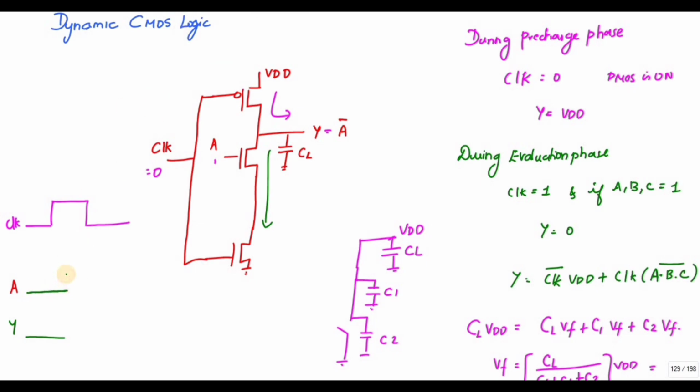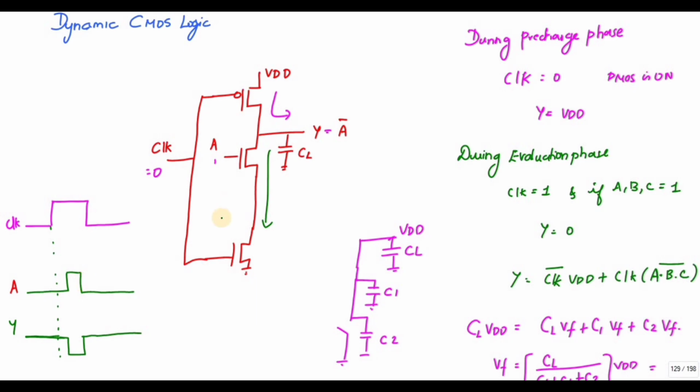This is 0, so the transition is like this. My Y is 1, since up to this point is the pre-charge phase. After that I must get the inverse of this, so this becomes 1, and 0 and 1, then it goes to 1. So this is what I should get.